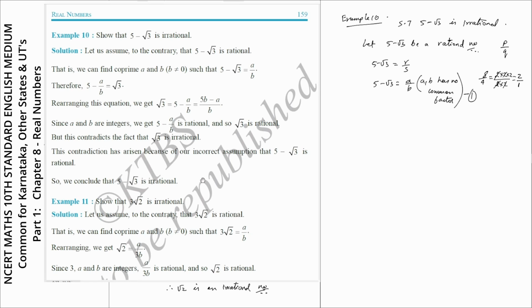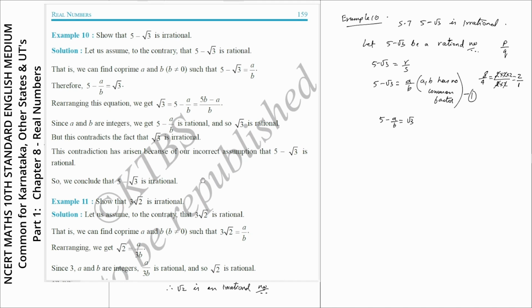Now I will rearrange this one. 5 minus a by b is equal to root 3. I brought a by b to the left hand side and took root 3 to the right hand side.